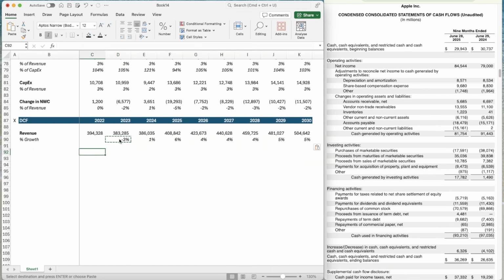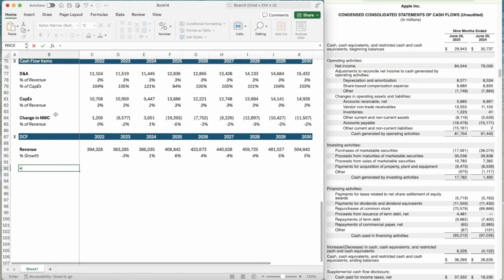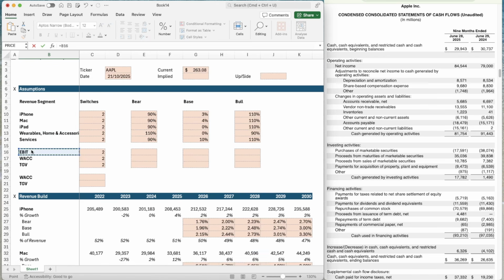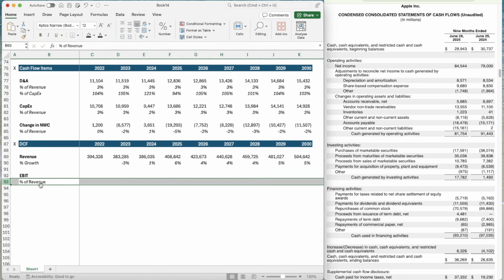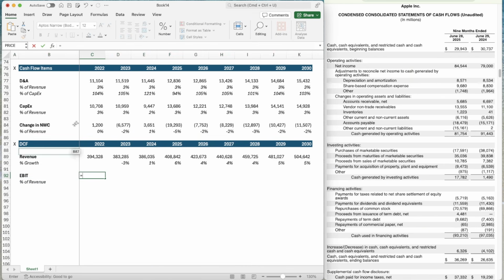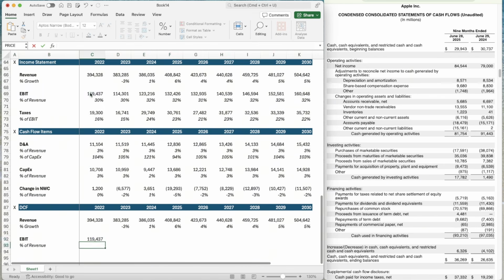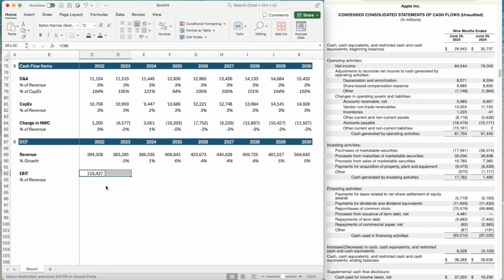There we go. Now EBIT. We can actually put this as a percentage of revenue. So copy this down to 2025, because they're the factual figures.